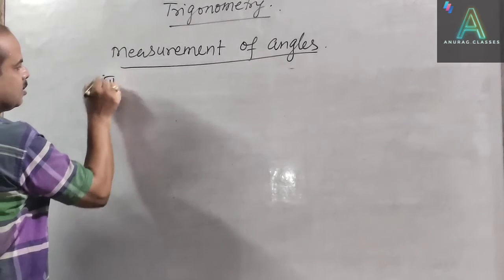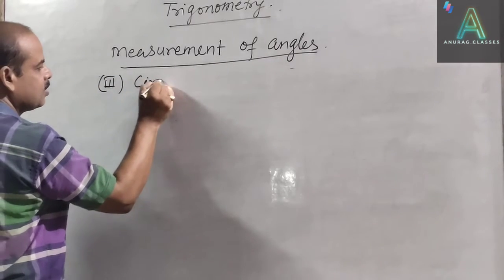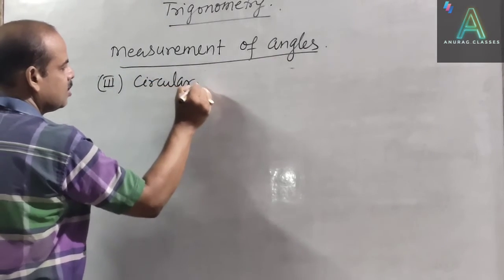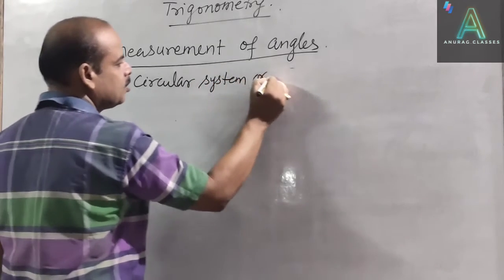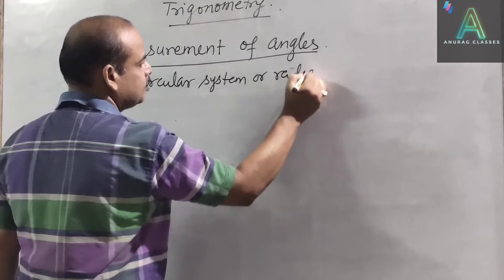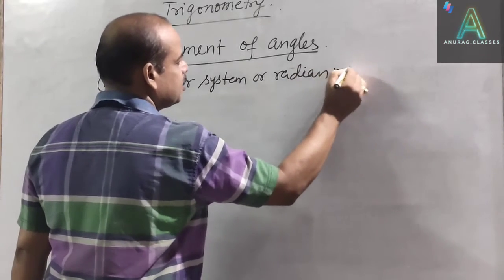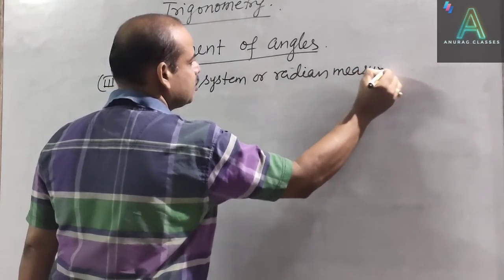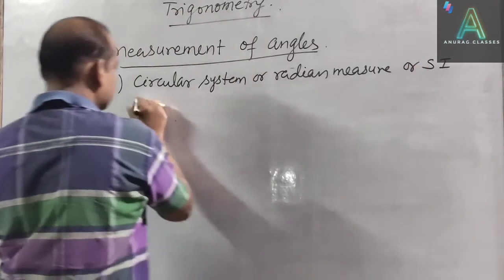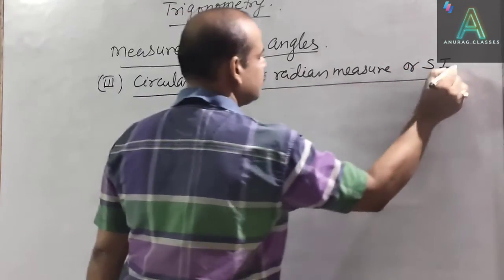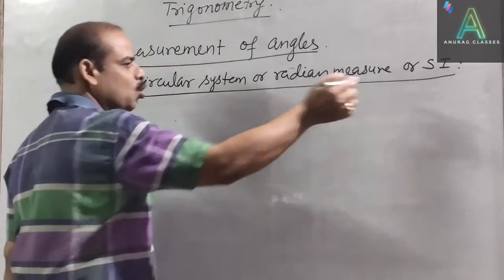Third system is known as circular system or radian measure or SI. I think you all know about SI.